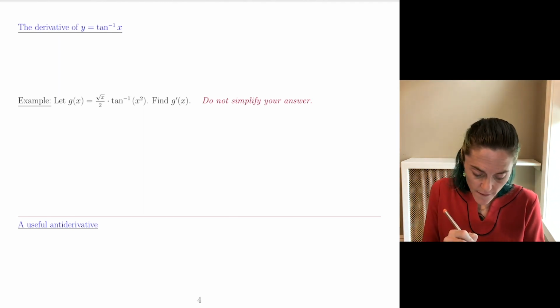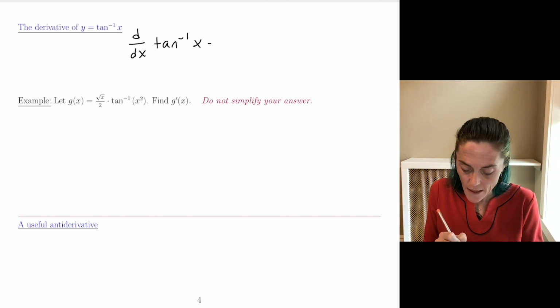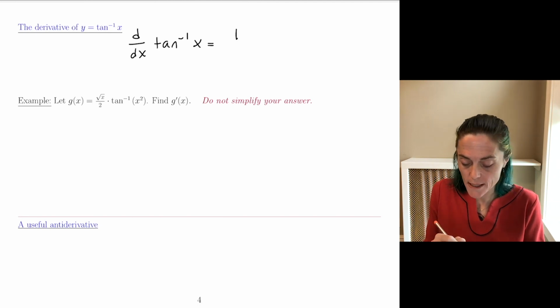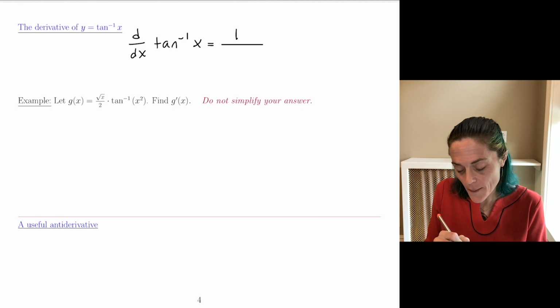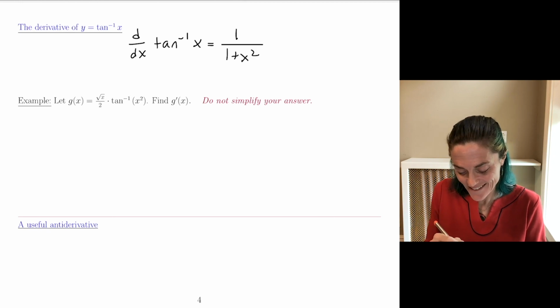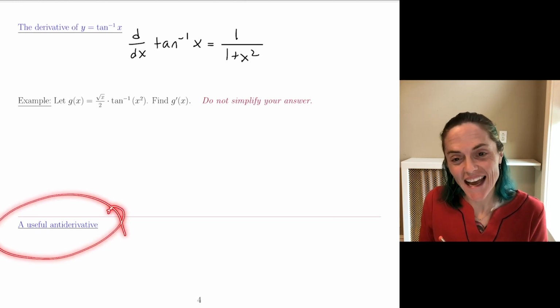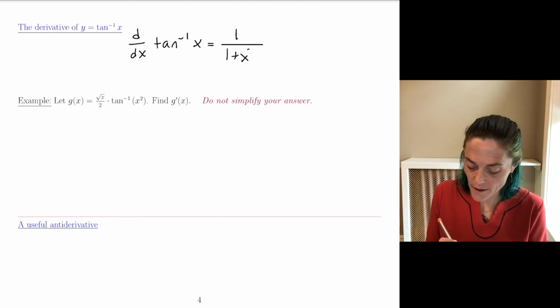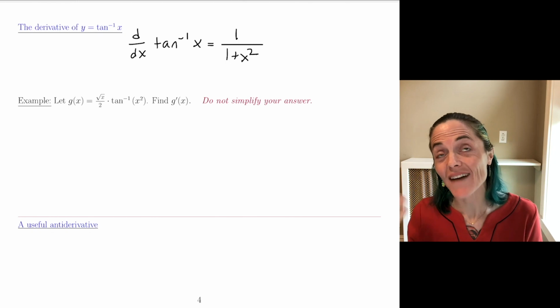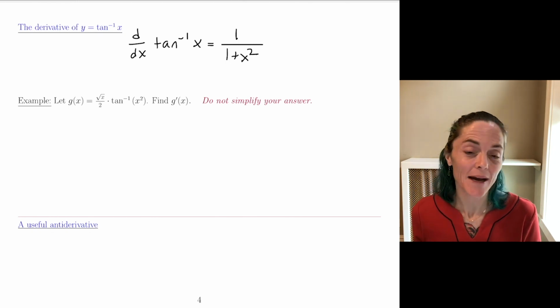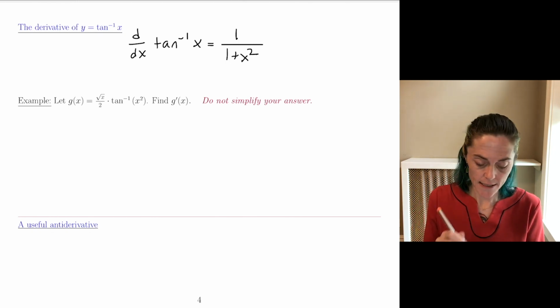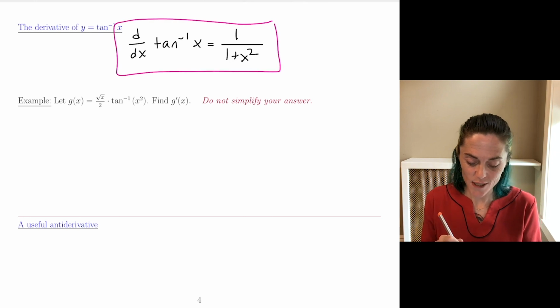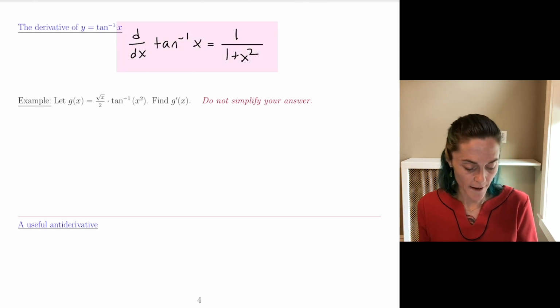So the derivative of the tan inverse is 1 over 1 plus x squared. Really, I'm interested in a useful antiderivative because I'm preparing you for Calculus 2, and we have a lot of integration in Calculus 2, but this is definitely the case. The derivative of the tan inverse is 1 over 1 plus x squared.